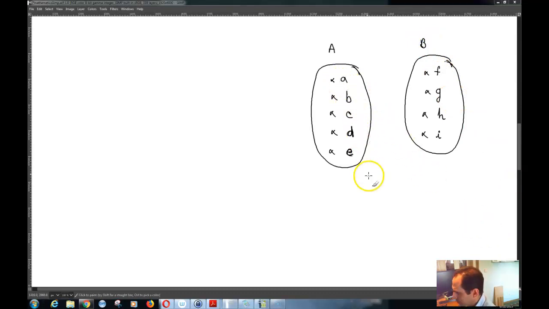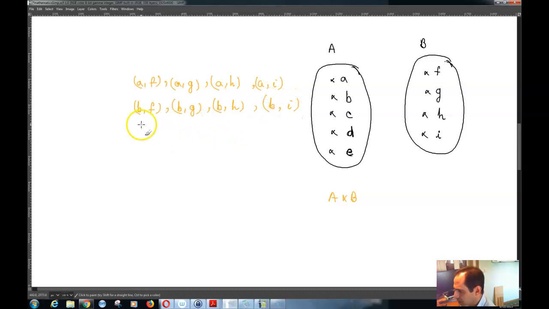Now, the Cartesian product of these two sets, A times B, would be all of these ordered pairs, for example A comma F, A comma G, A comma H, A comma I, and then B comma F, B comma G, B comma H, and B comma I, and then again C comma F, and so on.